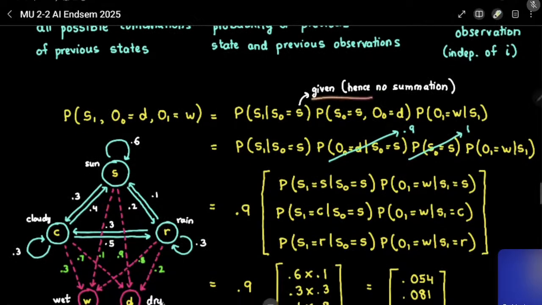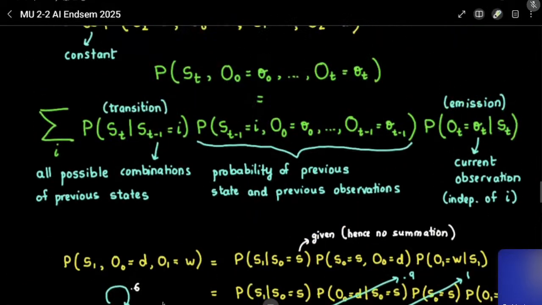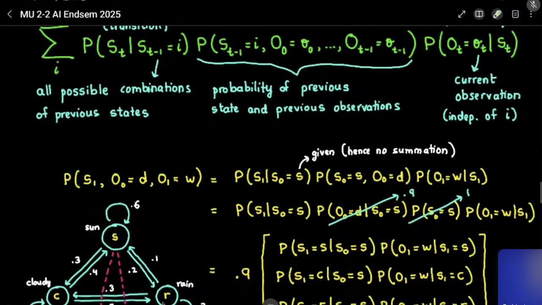So let us open this term. How do I open this term? Again, I think you can use this formula, no? Or if you use the main HMM formula, that will also work here.